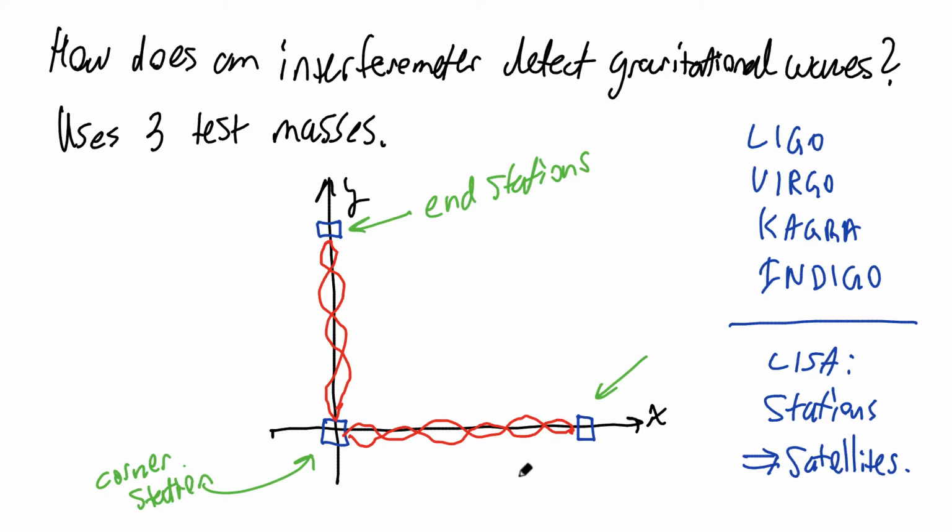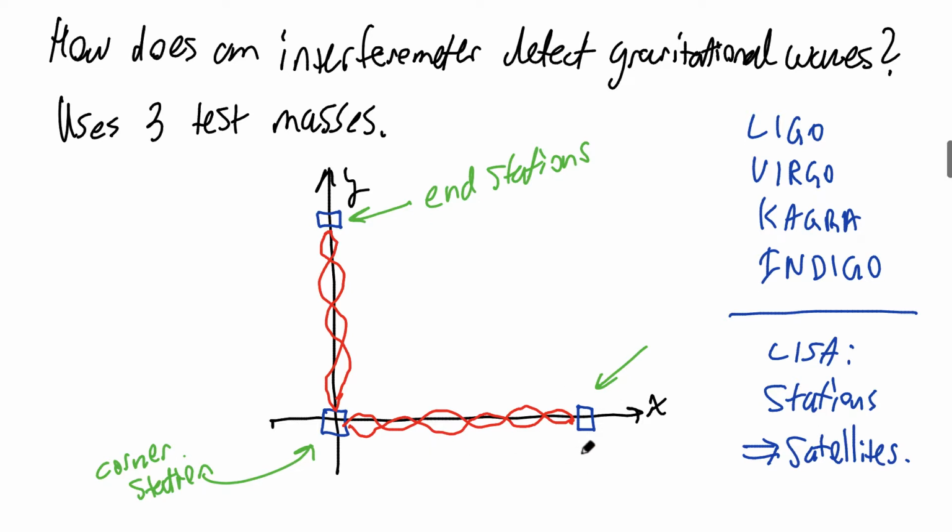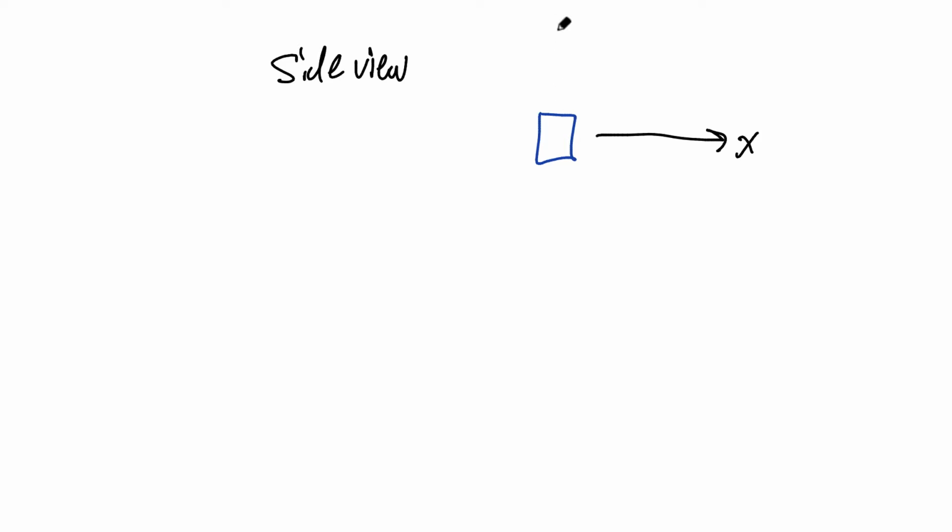Let me draw a picture of one of these test masses, say this test mass that's on the x-axis. So here's the test mass, and this is a side view. The x-axis is in this direction and the z-axis points upward. And the test mass is suspended from the ceiling with a thin wire.